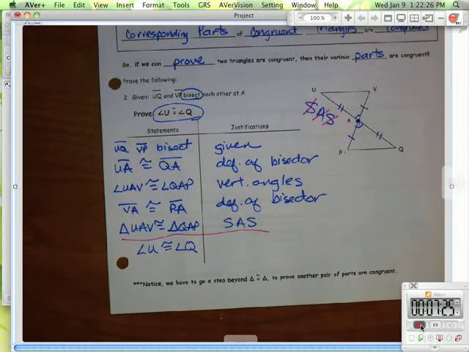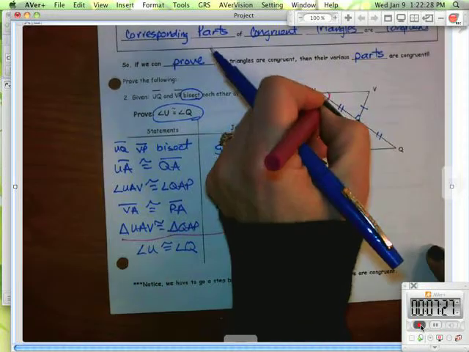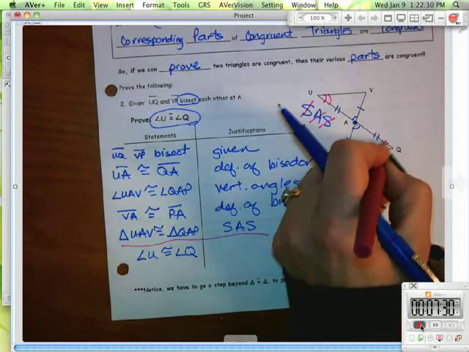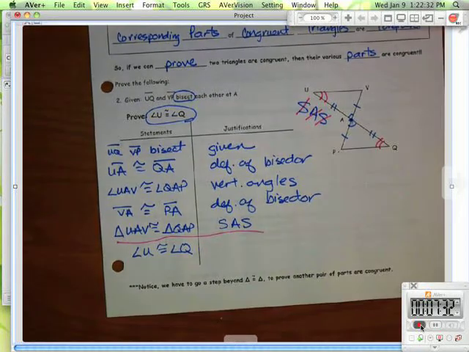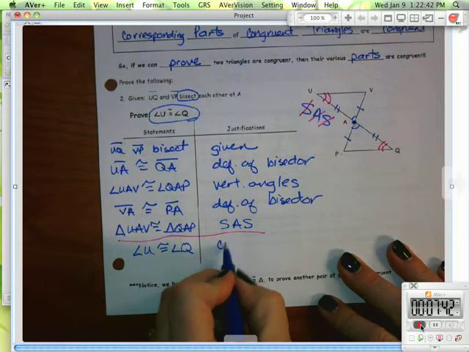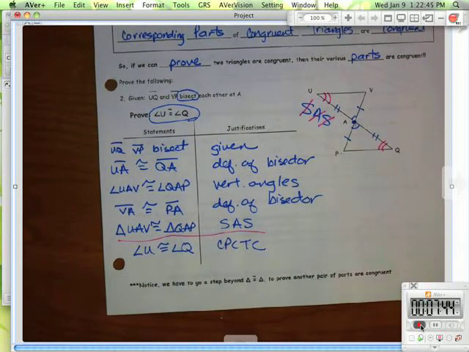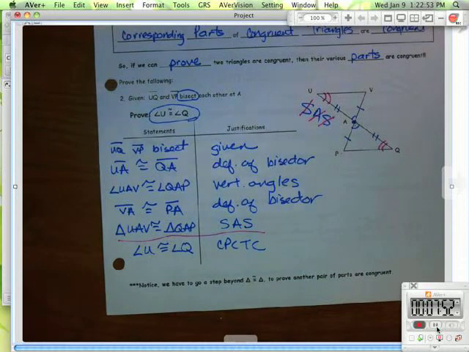So that means I can say that this is congruent to this because of what reason? CPCTC. If the triangles are congruent, all the corresponding parts are congruent. So I'm just going to say because of CPCTC. Gotta admit, it's one extra little step.